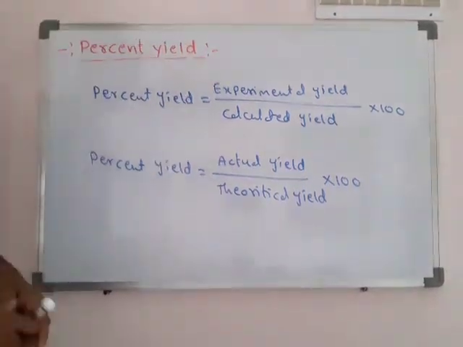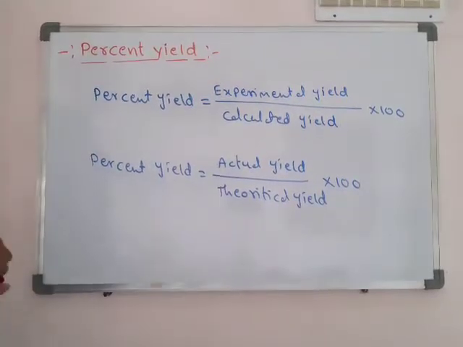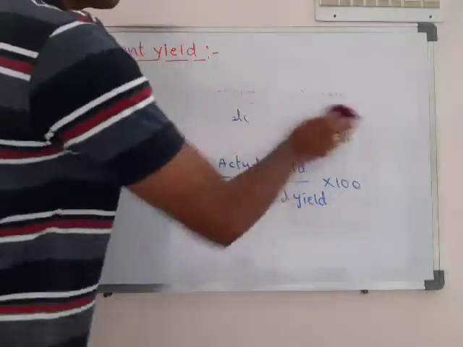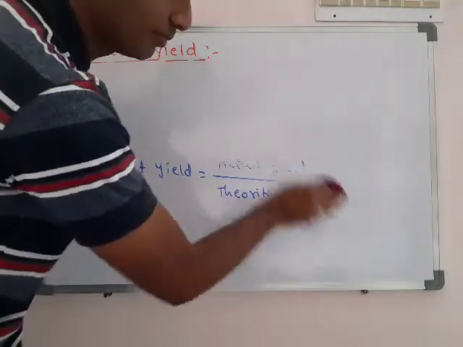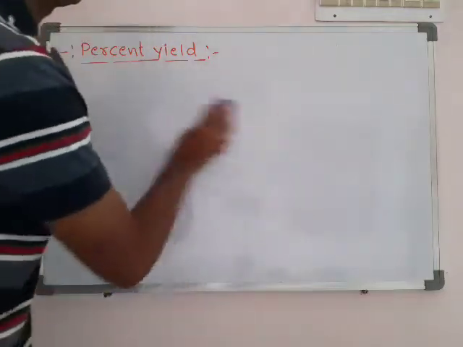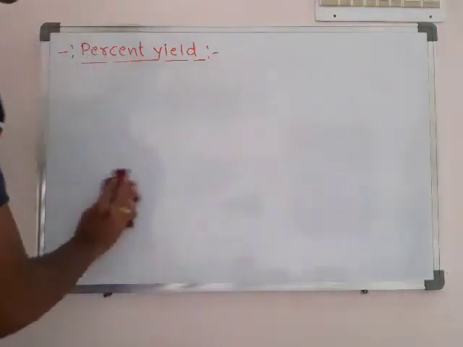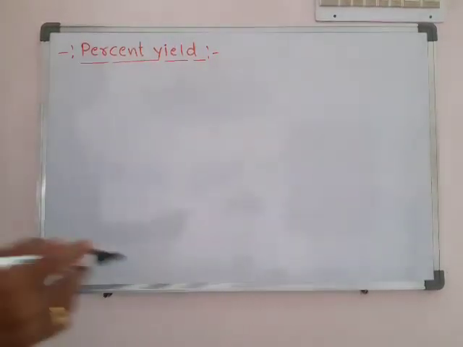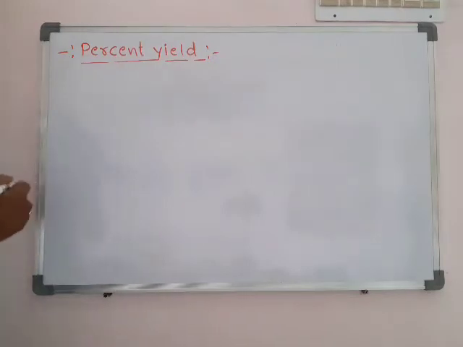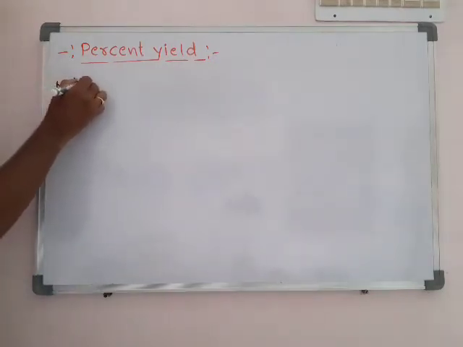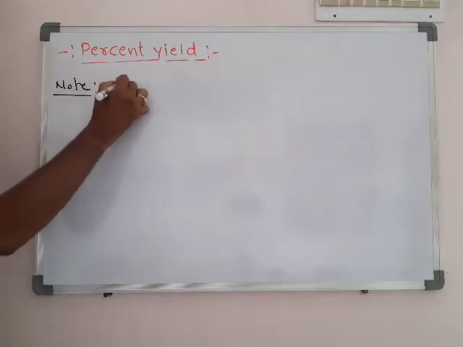Okay, so why is this percent yield taken? Because experimental values do not always match the theoretical values. So what is the purpose? Here we are writing the reason for introducing the topic of percent yield.